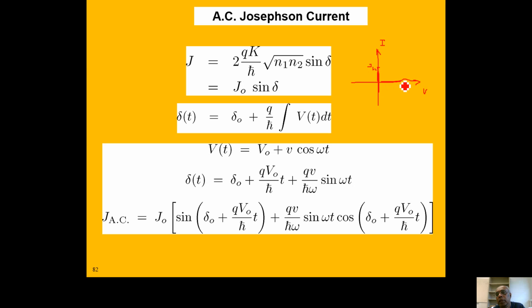You don't see any current here until you get to this critical voltage. At that point, you are going to see some current that is more standard. The same thing happens on this side also. When you get to this side, then you have the standard linear IV. But you don't see any finite voltage current for any voltage. You only see the zero voltage current. This is what we call the DC Josephson current. This is a very important thing to understand.